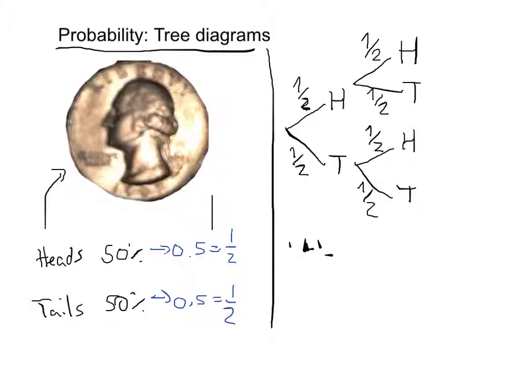You can write it like this. Probability of getting heads, and think of this little symbol here as "and". It's not exactly precise, but just to understand it. So probability of getting heads and getting heads again. Well, that can be calculated in the following way.